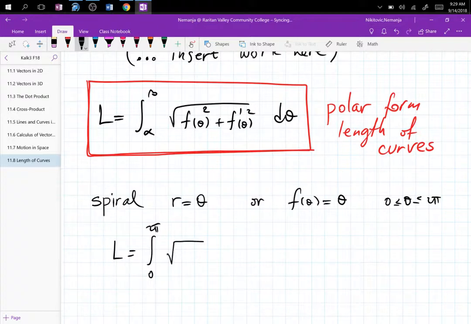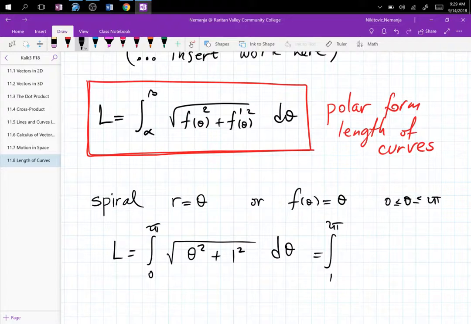And now we have inside theta squared plus the derivative squared. Derivative of theta with respect to theta is 1, so you're getting 1 squared, and then you have d theta. So there you have it. You just need to integrate the integral from 0 to 2 pi of the square root of theta squared plus 1 d theta.